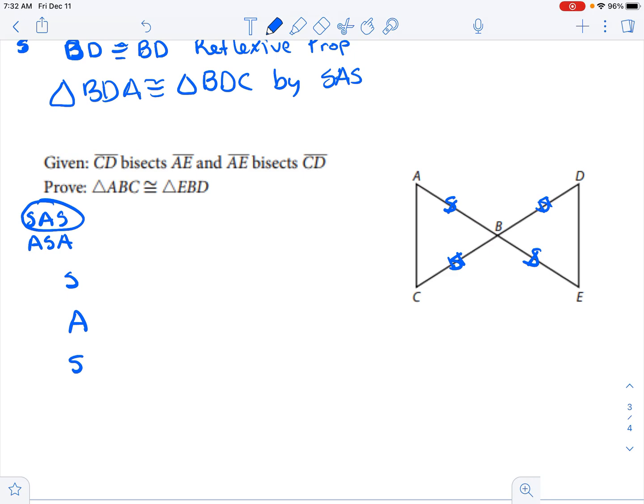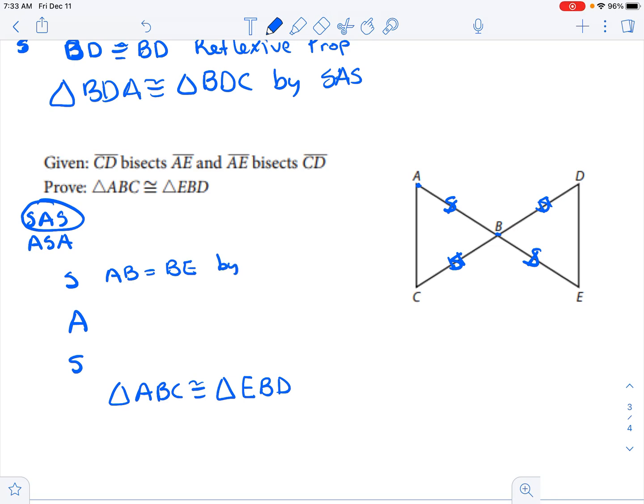Okay. When you go through a proof, guys, you can really start filling in a lot of things. Like you could go angle ABC is congruent to angle EBD. So I could fill in this part. Now, we got to show our sides are congruent. So I know that AB is congruent to BE.